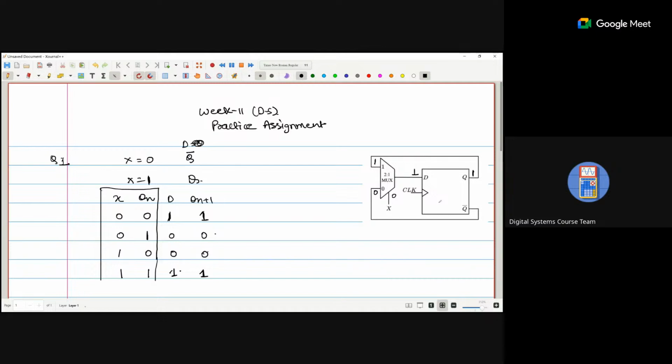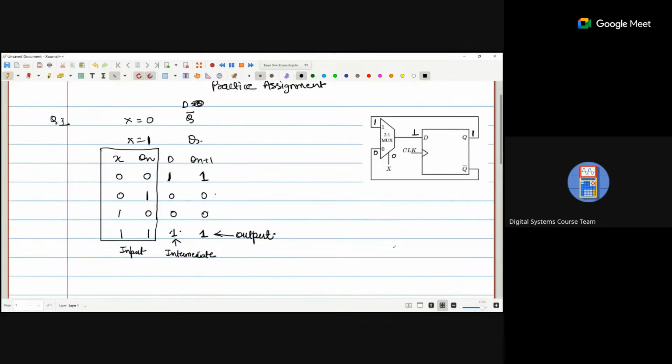These are our inputs. D I am taking as an intermediate stage, and qn plus 1 is the output.